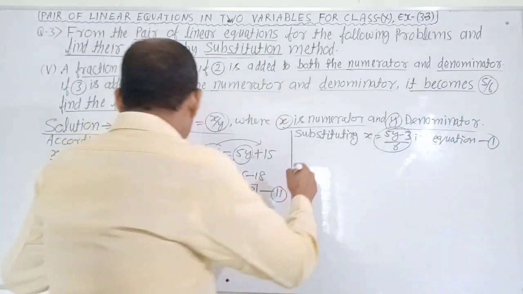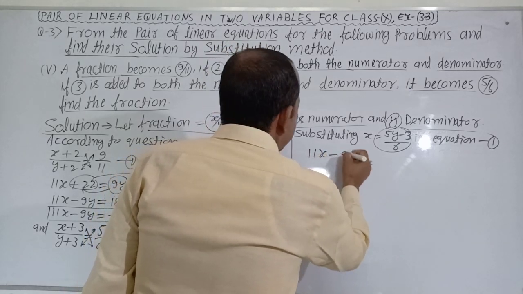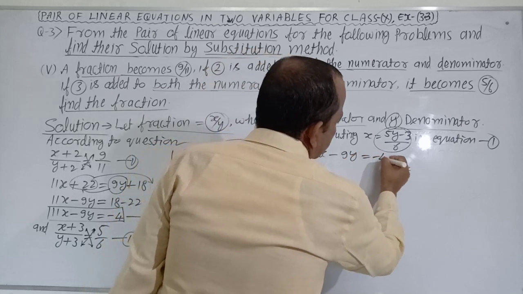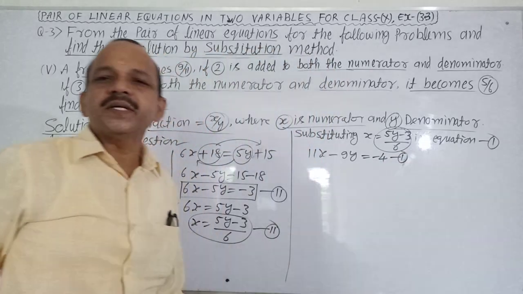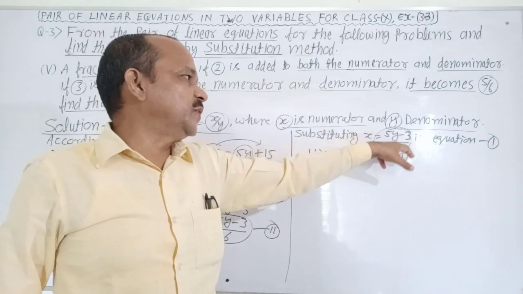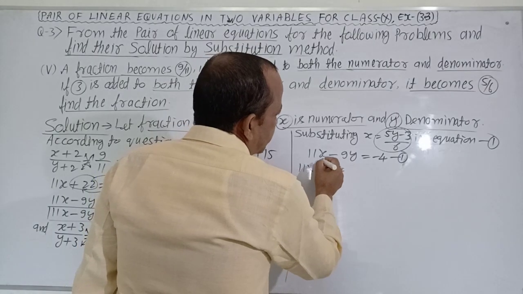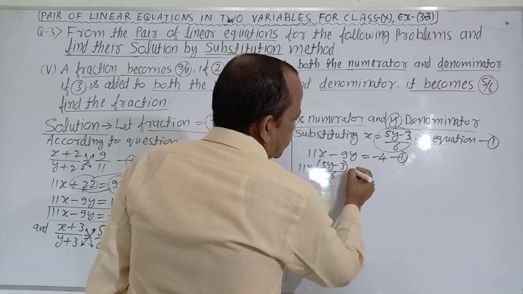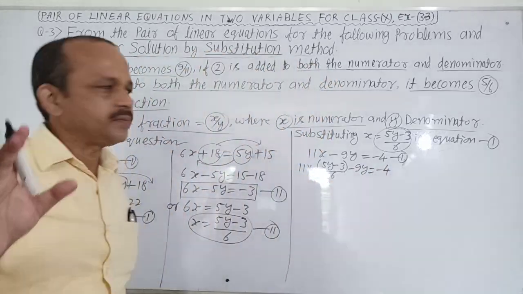Clear? It is equation first. You put x equal to (5y minus 3) by 6. Here 11 multiplied by (5y minus 3) by 6 minus 9y equal to minus 4.